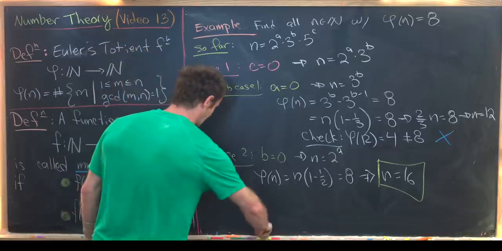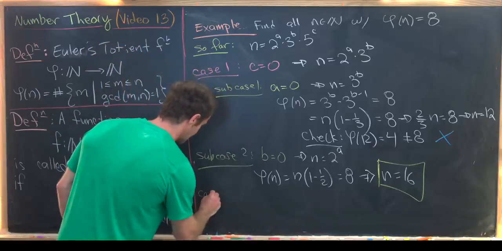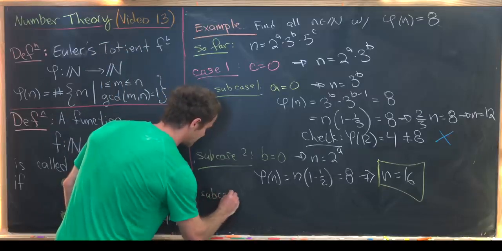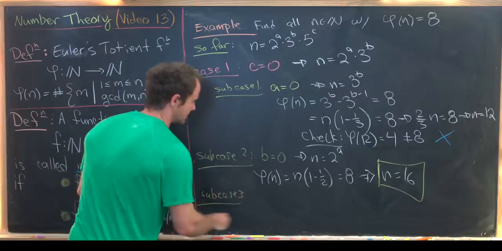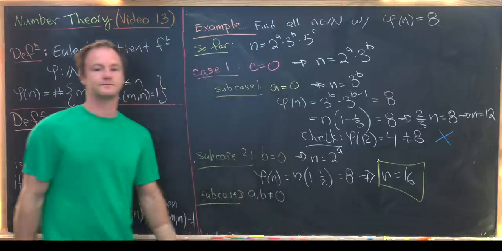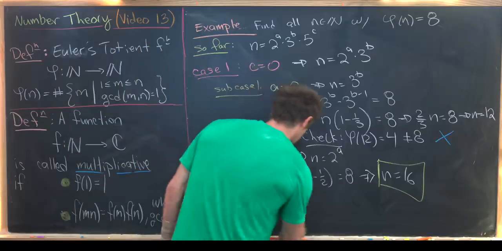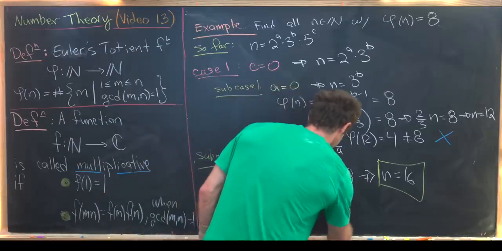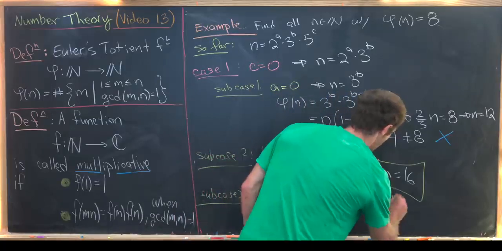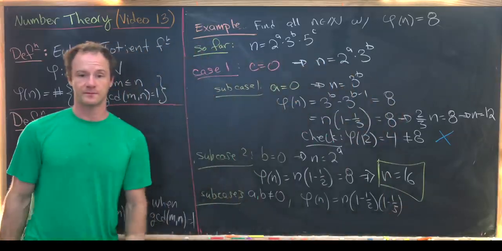Okay, so now let's look at our third subcase, and that will be neither of these are equal to 0. And so we've got a and b are non-zero. Okay, well, from there, we've got that phi of n is equal to n times 1 minus half times 1 minus third.